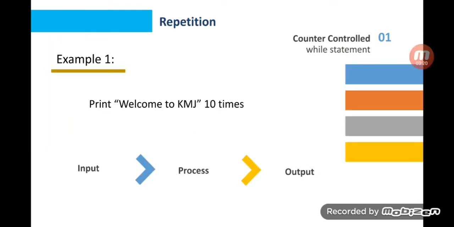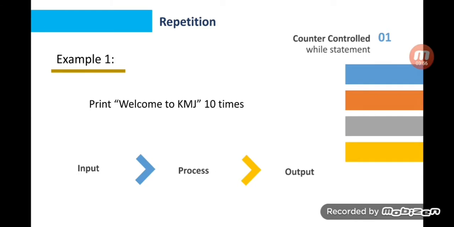Now we see example 1. For counter controlled, the program needs to print welcome to KMJ for 10 times. First we need to determine the input for this program. Actually, this program doesn't need any input. We just want to display the words welcome to KMJ 10 times.